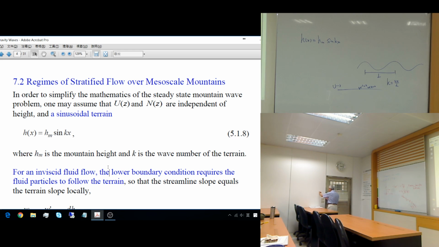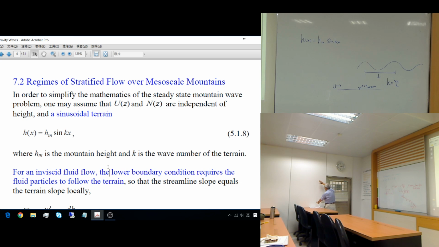If this is a vertical plane, you can have W near the boundary, and you can have V, but you cannot have U. U will be equal to 0 here. Flow comes in, will spread out, cannot penetrate.